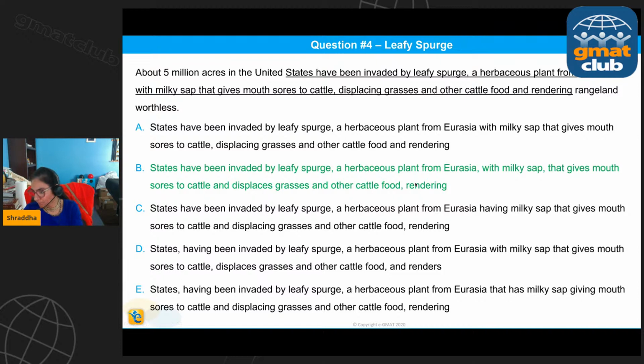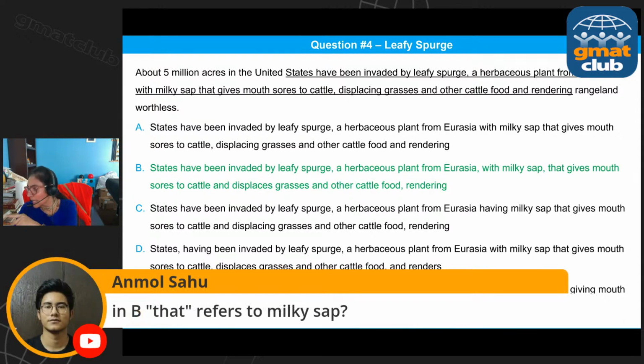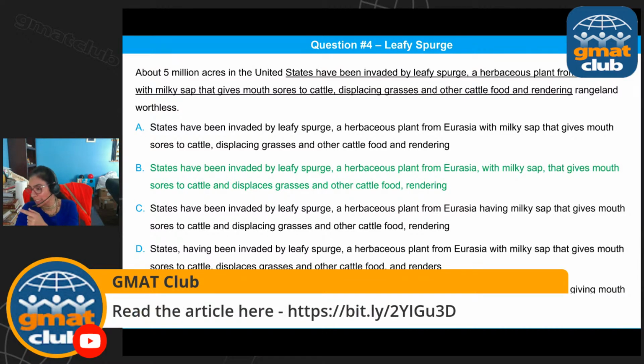Okay. Because it is between the two commas. Again, Anmol, there is a link that Juhi posted. Read the article here. If you go a few chats up, you will see that it's there. Read that article to understand this far away noun modification. It's on GMAT Club itself.